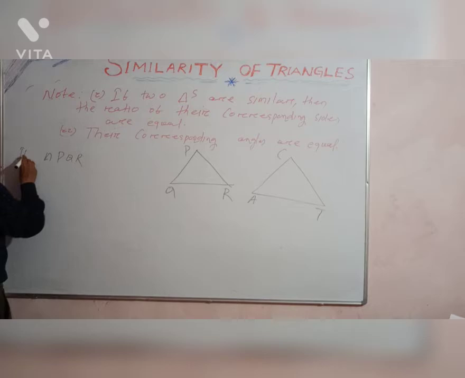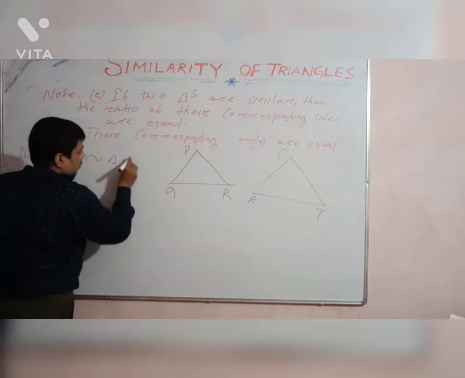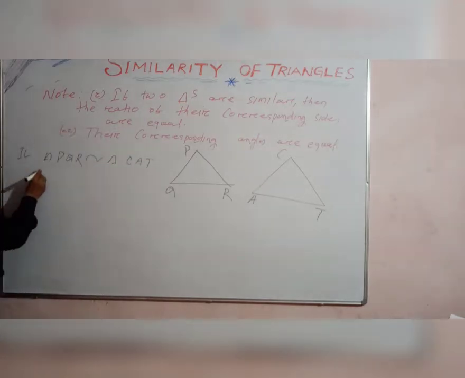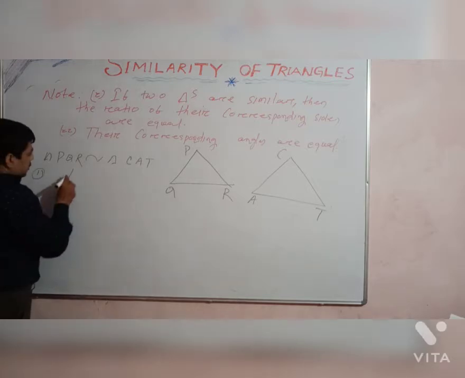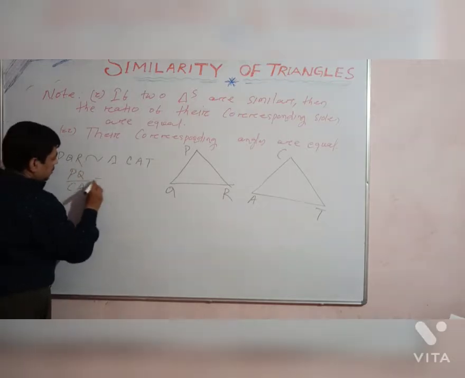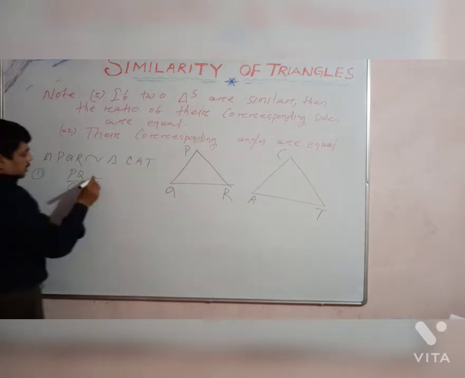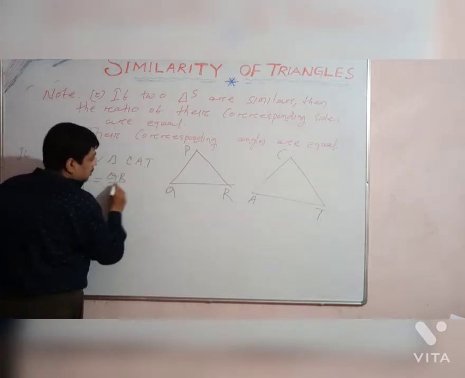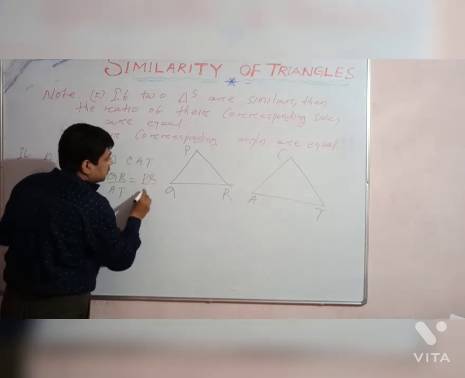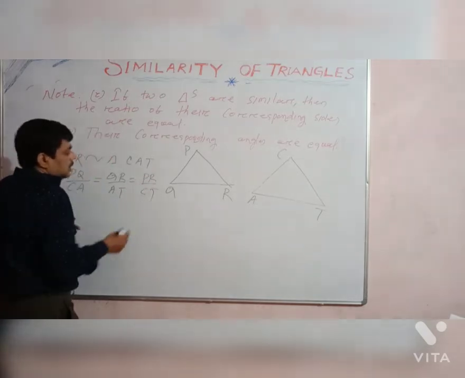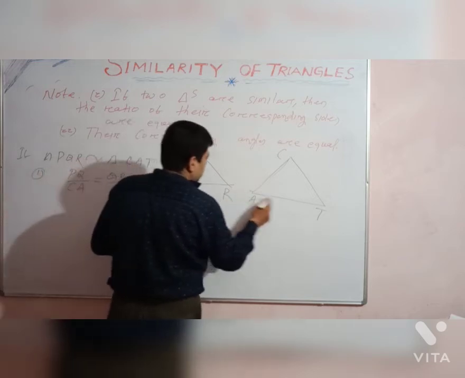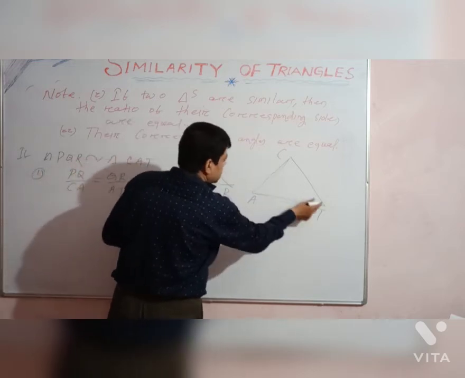What will happen? The ratio of their corresponding sides is equal, meaning PQ divided by CA, yes or no? And QR divided by AT must be equal to PR divided by CT. So PQ divided by CA equals QR divided by AT equals PR divided by CT.